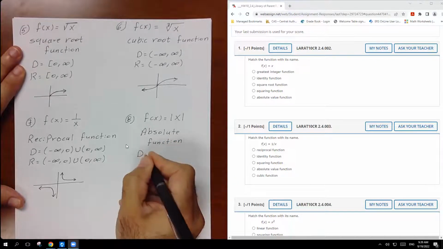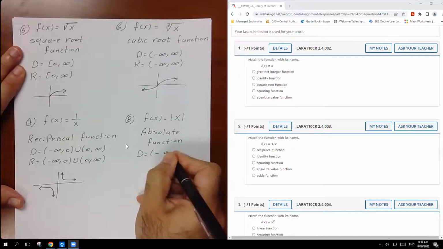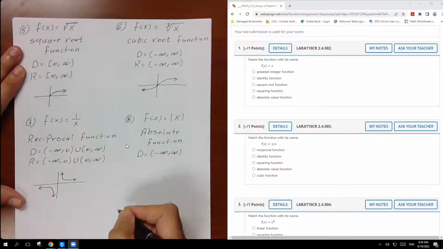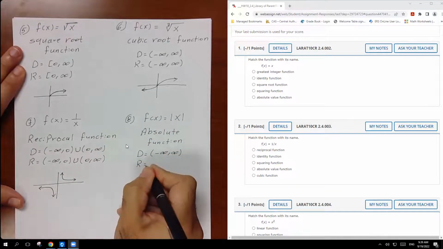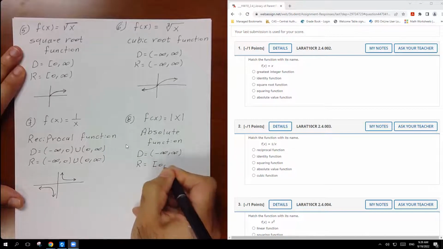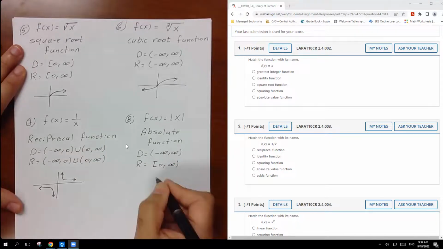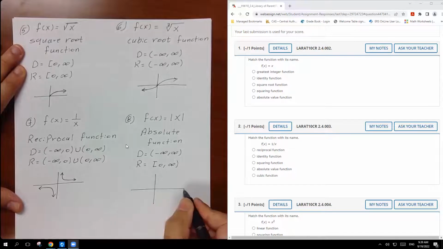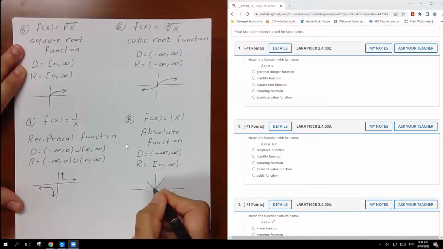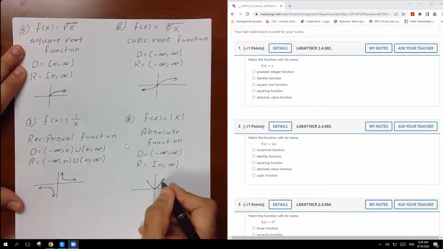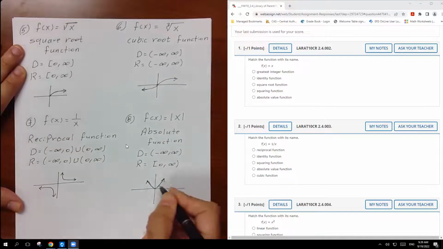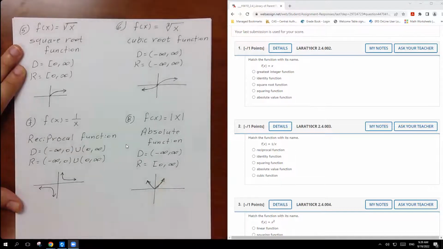The domain for this function is negative infinity to infinity. And the range for this function is from 0 to infinity. If you graph this function, it's going to be like this. Like a V.